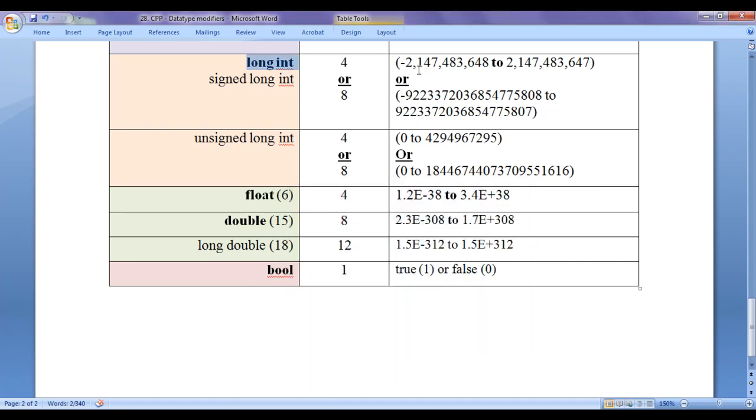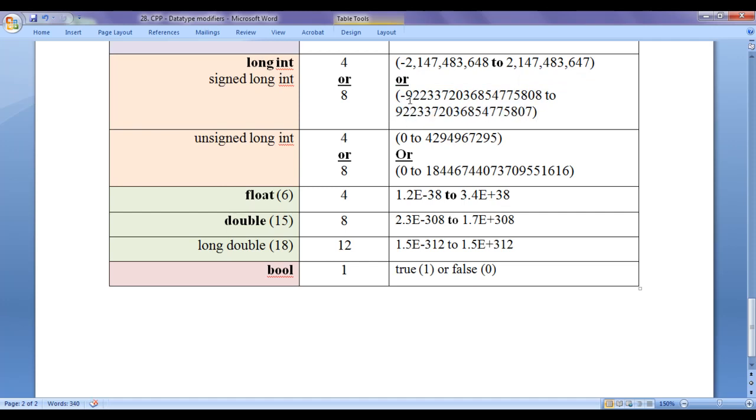That means the minimum value possible to store inside 4 bytes of long int type memory is minus 2,147,483,648, and the maximum value possible to store inside 4 bytes of long int type memory is plus 2,147,483,647, guys.